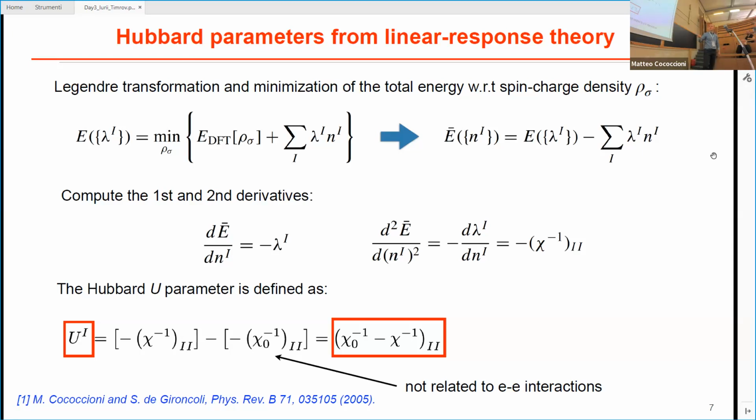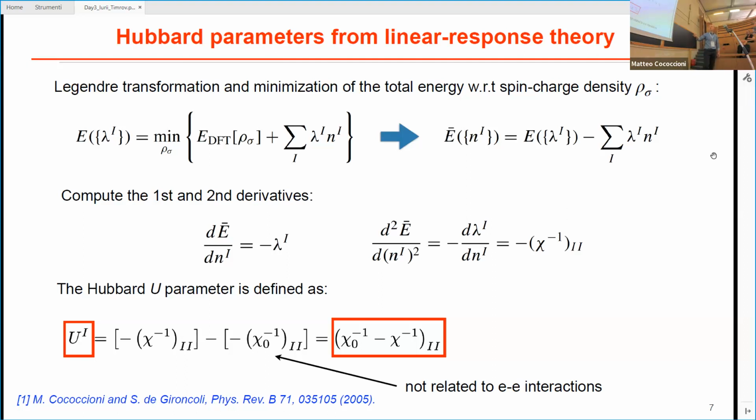The first term, chi, is the self-consistent susceptibility, while this term is called the bare term. So why do we subtract it? Because this term is not related to electron-electron interactions. And then we can massage them and obtain chi naught minus 1 minus chi minus 1.